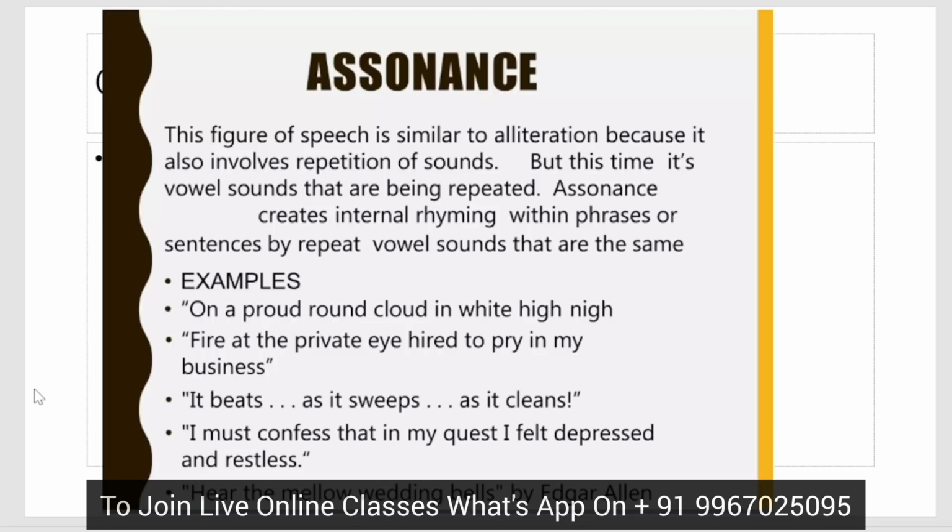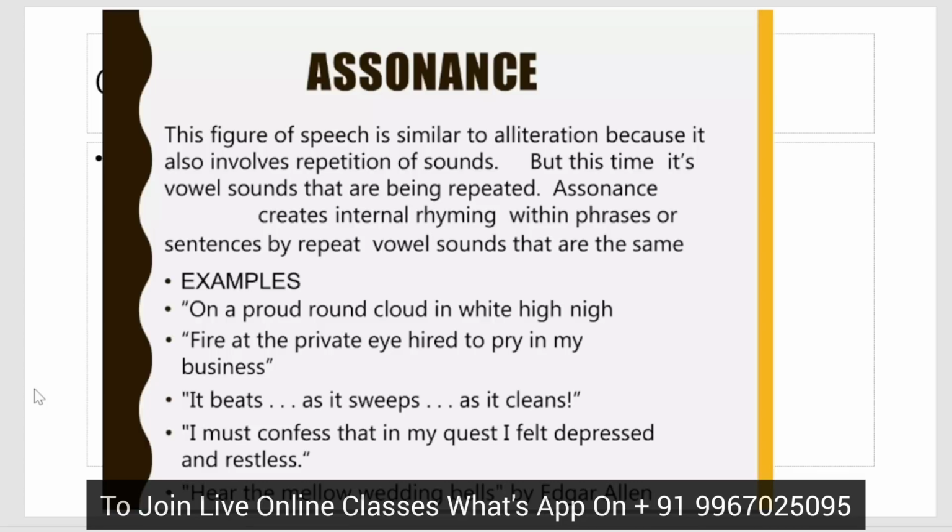Assonance, this figure of speech is similar to alliteration, but in this particular case, vowel sounds are being repeated. So alliteration, consonant sounds; assonance, vowel sounds. Assonance creates internal rhyming within phrases or sentences by repeating the same vowel sounds. On a proud round cloud in white high night. Fire at the private eye hired to pry on my business.